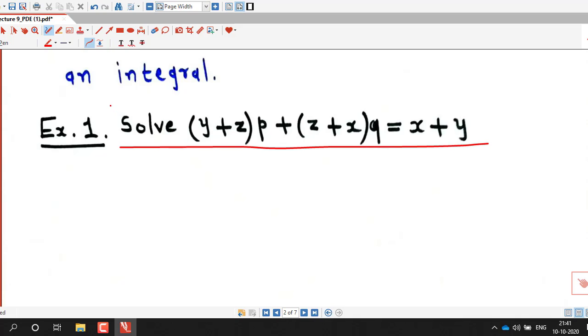So we understand this with the help of example. As usual, this is Lagrange quasi-linear equation. So we try to solve it starting with Lagrange auxiliary equations.